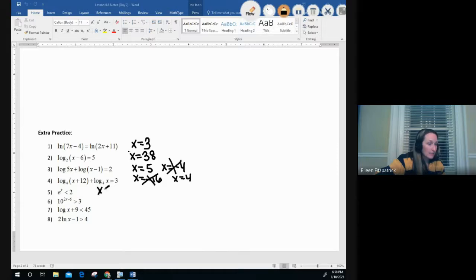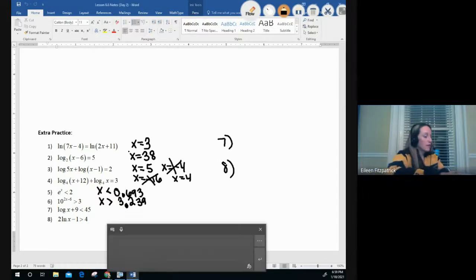For number 5, you're going to get x is less than 0.693. For number 6, you're going to get x is greater than 3.239. I'm going to have to do 7 and 8 up here because I can't, for whatever reason, write down here on the screen.